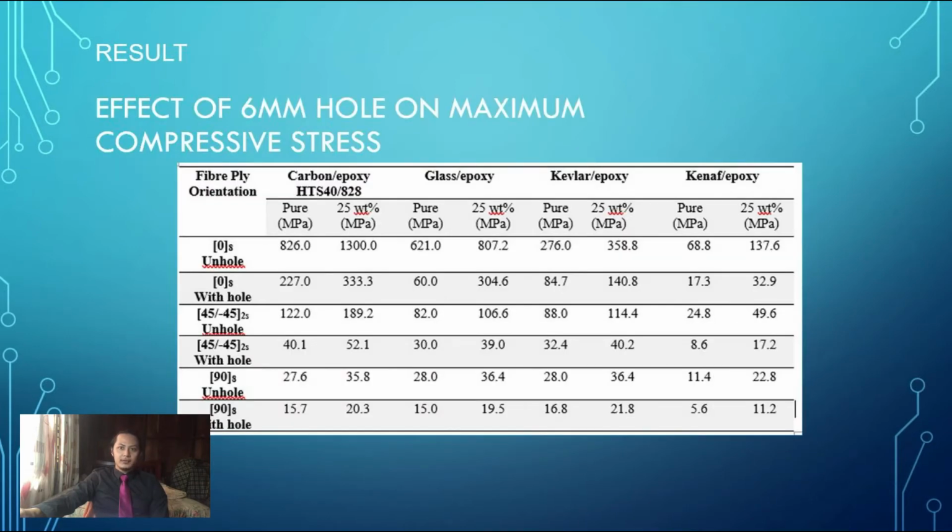This is the effect of 6 mm hole on maximum compressive stress. It is shown that unholed specimen get the higher maximum compressive strength compared to the with hole specimen.